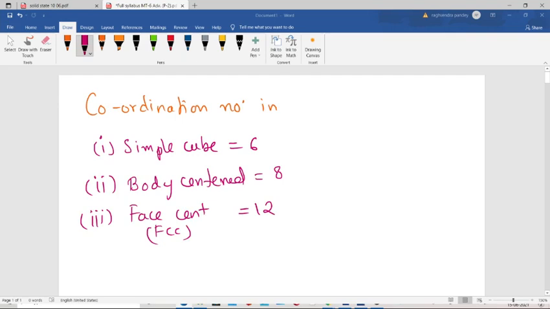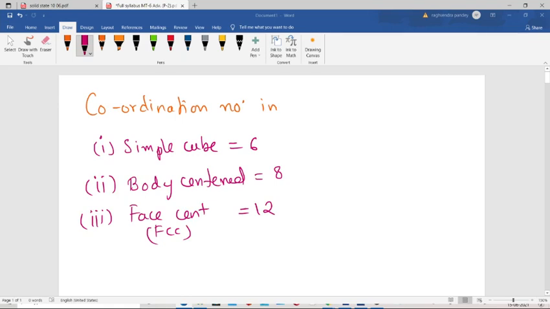Okay, what are the total spheres inside the cube? Ansh, 8?